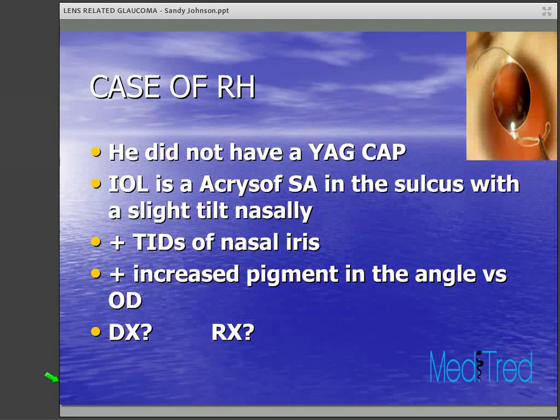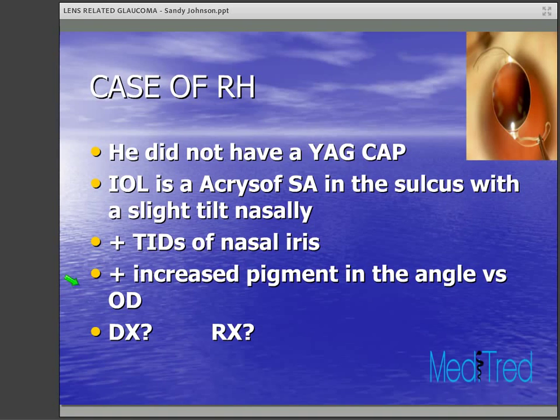So his capsule was open, and in an interview with the patient, he never had a YAG capsulotomy. Looking at the lens, it was an AcrySof. It was in the sulcus, and it was a little bit tilted. And this is a lens that's only indicated to be in the bag. He had TIDs in the nasal iris where the lens was tilted towards, and he had a lot of pigment in his angle.